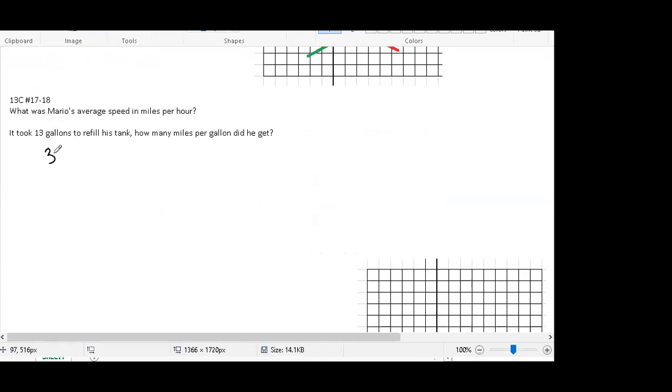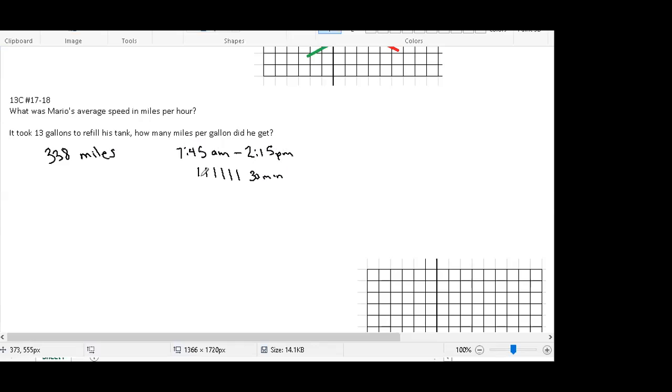So we know that he drove 338 miles, and we know how long he drove if we subtract, from 7:45 a.m. to 2:15 p.m. So I'm going to say from 7:45 to 8:45, from 8:45 to 9:45, 9:45 to 10:45, 10:45 to 11:45, 11:45 to 12:45, 12:45 to 1:45, and from 1:45 to 2:15 is 30 minutes.